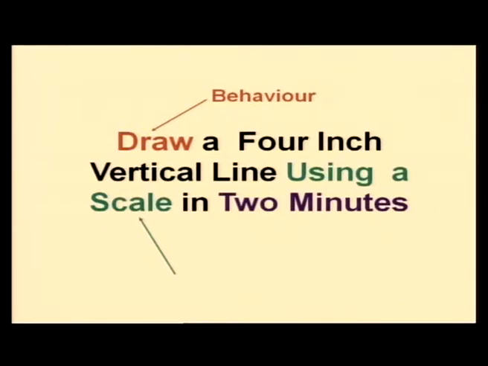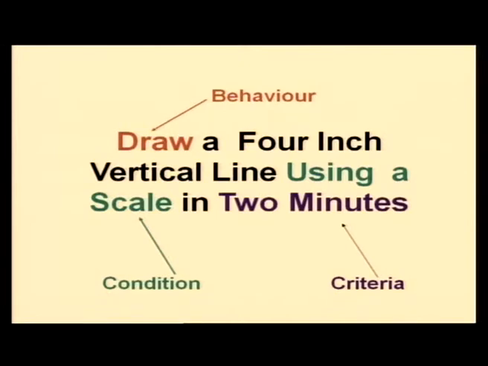Now, using a scale is another important component, that is the condition. And third, because we were just discussing the 3 components, description, condition and criteria: using a scale is the condition here and 2 minutes is the criteria. So, the description is that you are drawing, an overt behavior, a 4-inch vertical line.